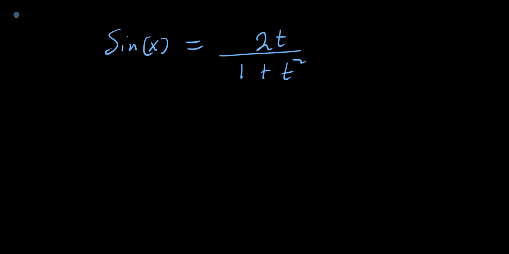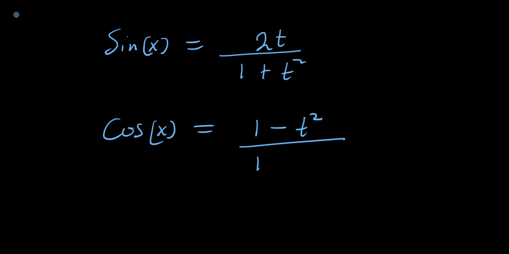In summary, sine x is equal to 2t over 1 plus t squared, cos x is equal to 1 minus t squared over 1 plus t squared, and dx is equal to 2 over 1 plus t squared dt.